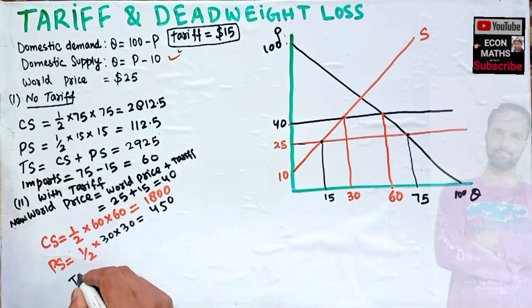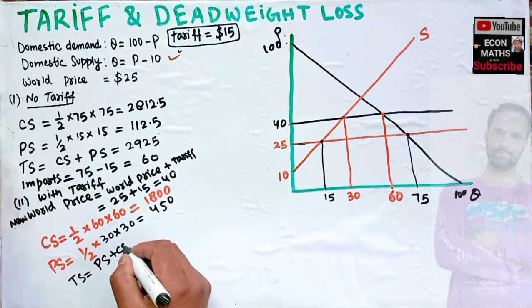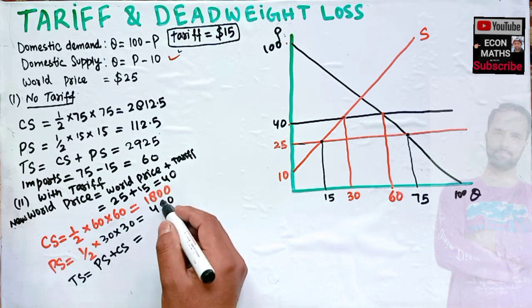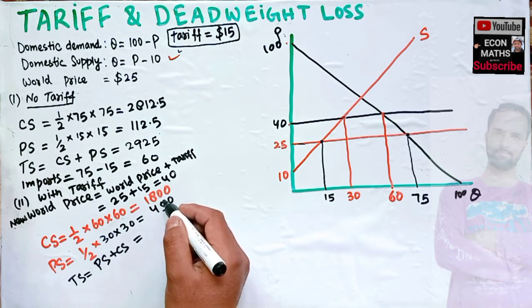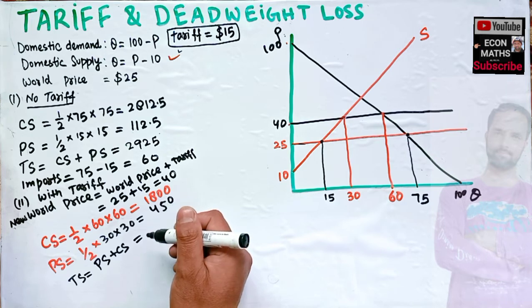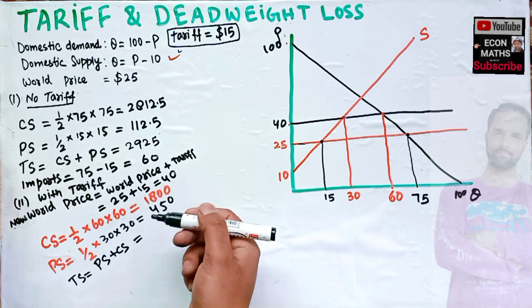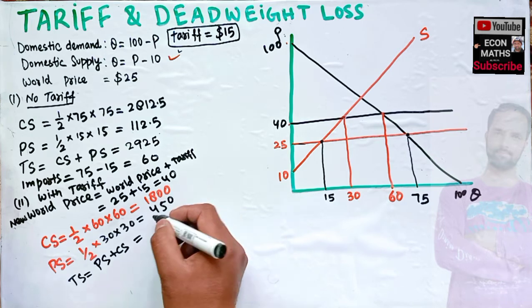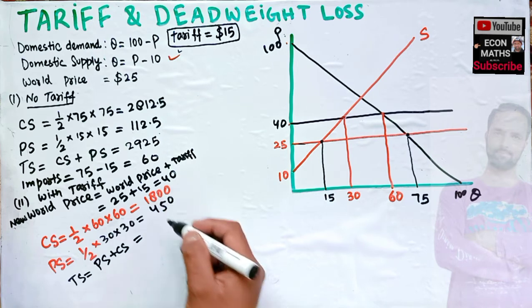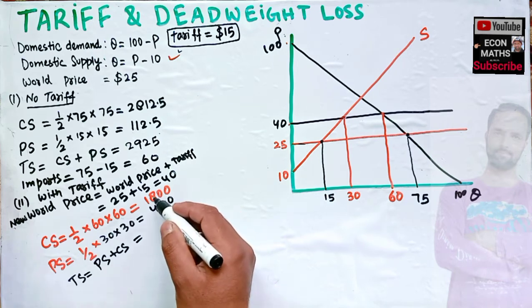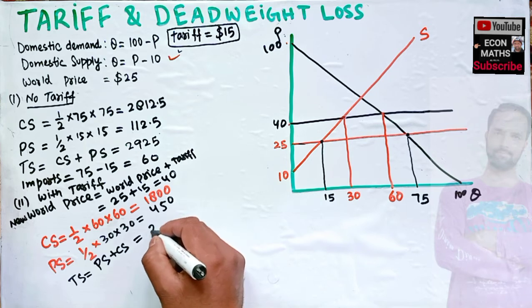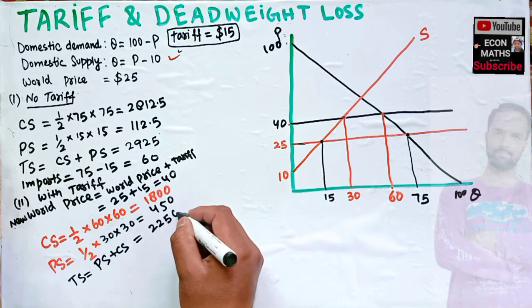And what is total surplus? Total surplus is simply producer surplus plus consumer surplus. Add these two, 1800 plus 450 is 2250.